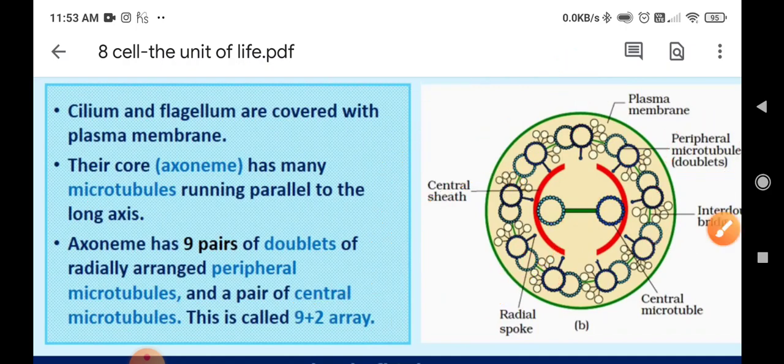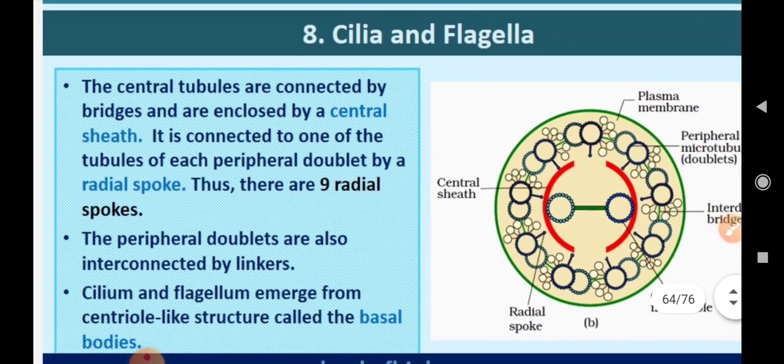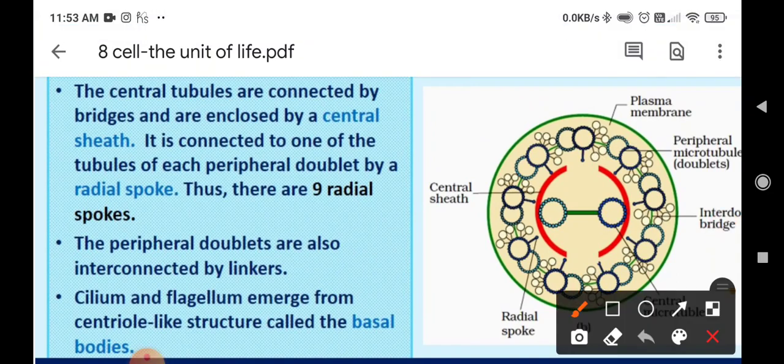Now we know that these central tubules are connected by bridges. Here you can see some bridges are present, and these bridges are joining them. Now the central pair is enclosed in a central sheath. Here you can see this is the central sheath.